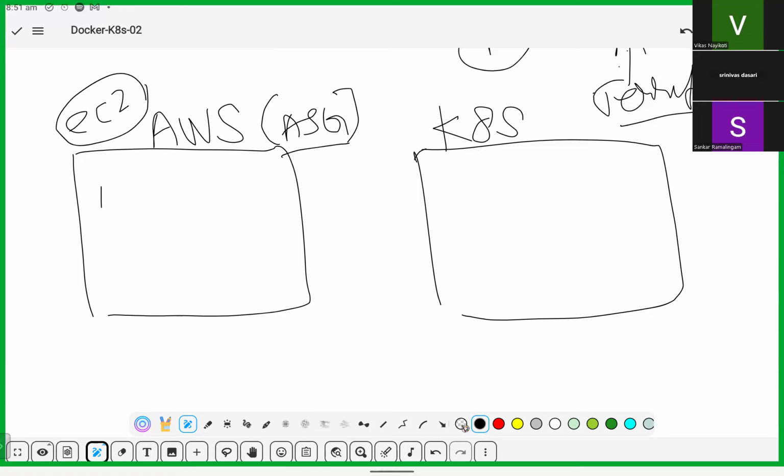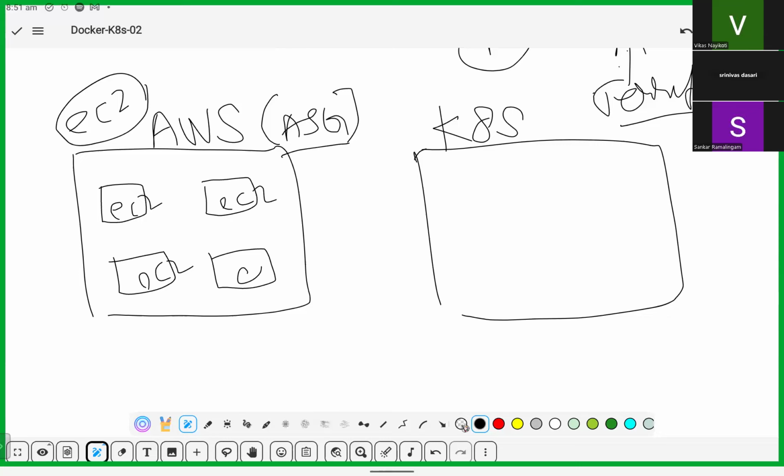So here you will have EC2 instances. What are the different things that we manage here? Scaling, availability, fault tolerance.